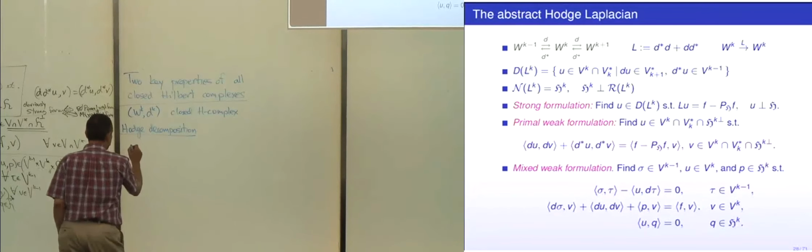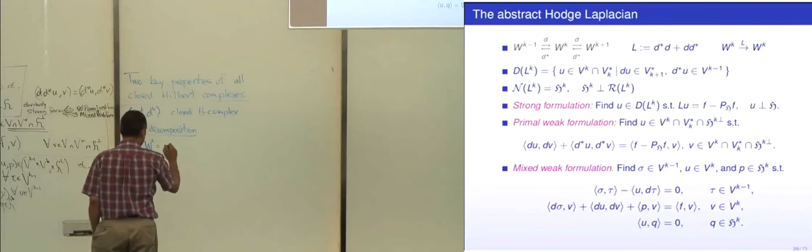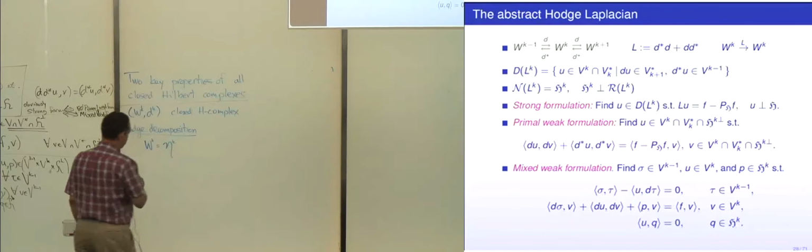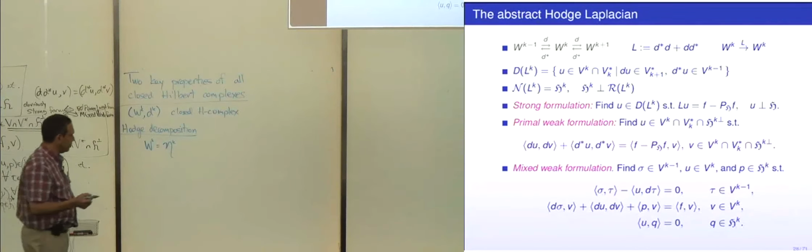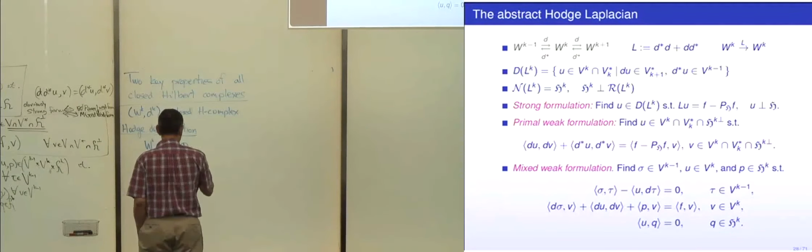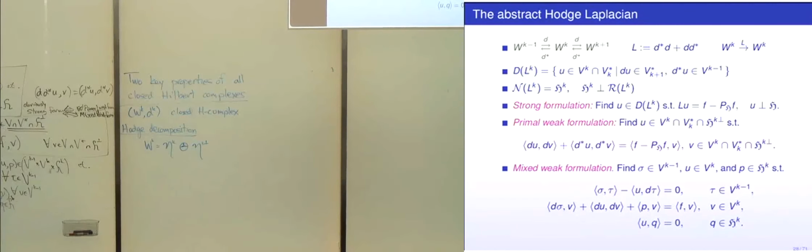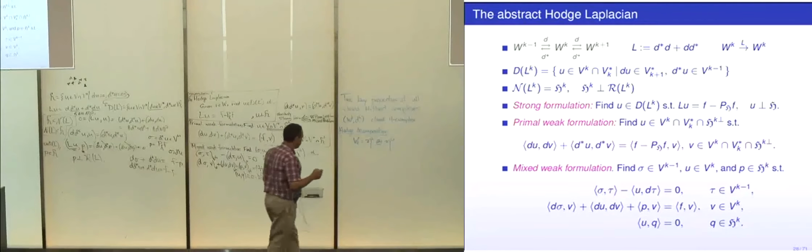We have the space W is equal to a closed subspace Z, the null space of the operator in the Hilbert complex, which is a closed space, plus the orthogonal complement of Z. Okay, that's pretty obvious. A Hilbert space is any closed subspace plus its orthogonal complement.